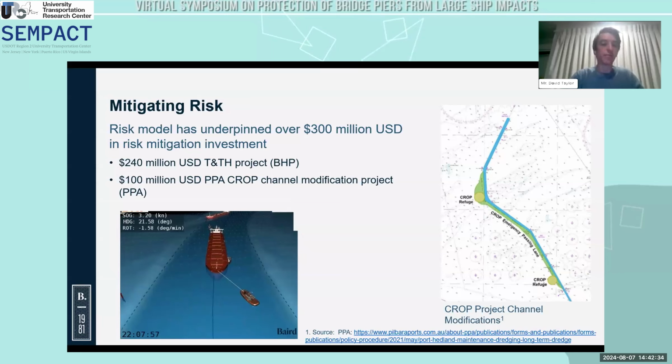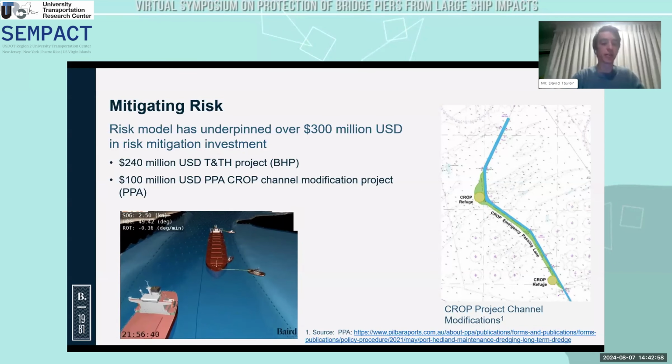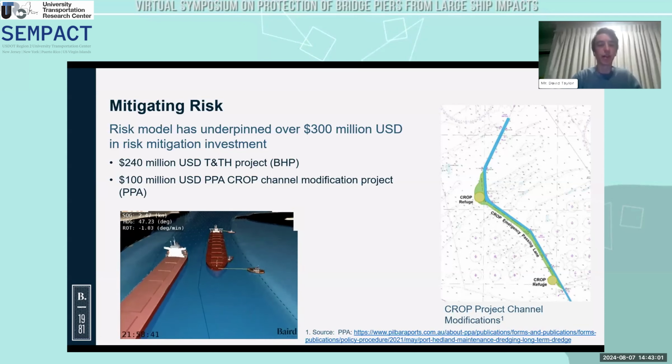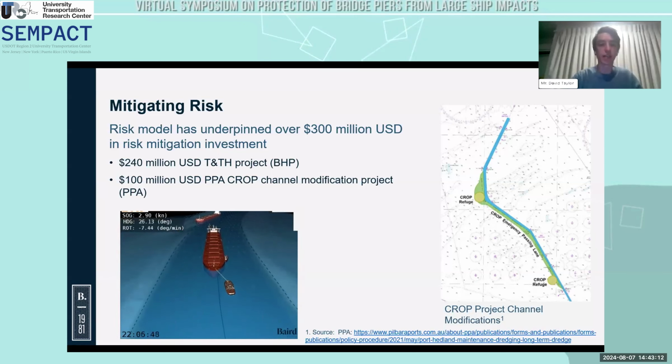And for the outer part of the channel, where escort towage had a relatively low risk reward benefit, we went about a process of channel modification to basically eliminate the risk of channel blockage in that outer section of the channel, where the cost of providing extended escort towage was extremely significant. So that was the $100 million channel modification project that has been completed to widen the channel. So essentially the channel blockage cannot occur.